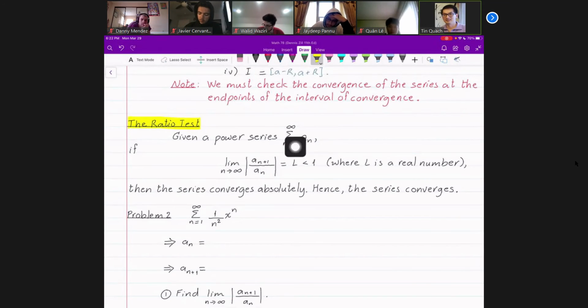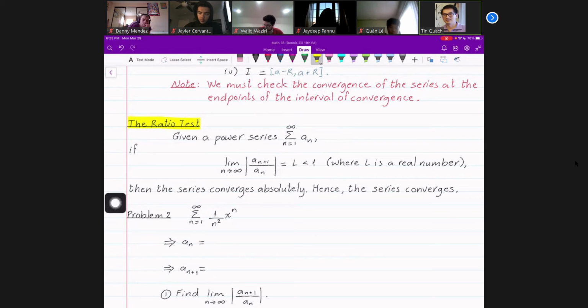So if you have that power series of a sub n, the ratio test says if you take the limit as n approaches infinity of the absolute value of this ratio, and the limit turns out to be some finite value that is less than 1, then the series converges absolutely.